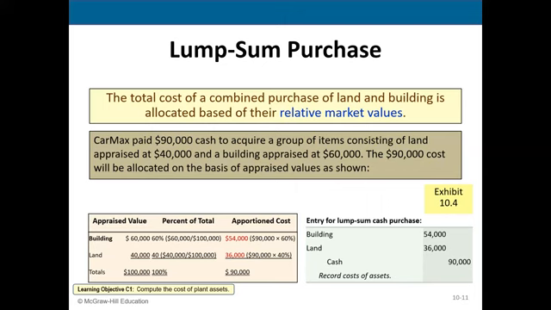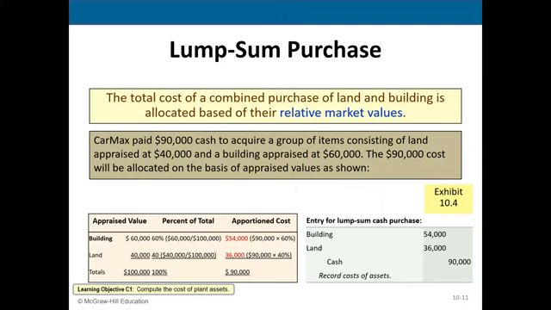In this example, the appraised value for the building, the percentage of the value comes in at 60%. And the land comes in at 40%. So, if I take the appraised value 60,000 over the 100,000, which is what we would have paid, that gets us to the 60%.